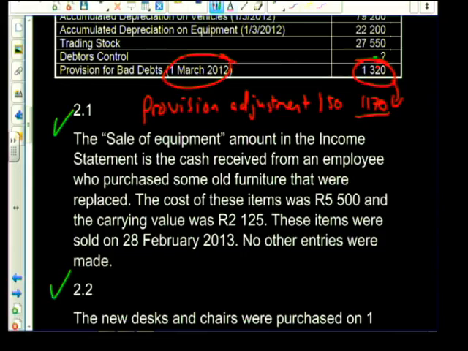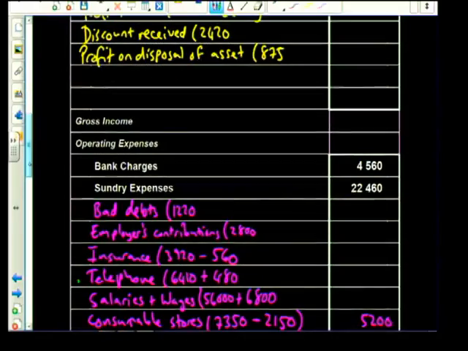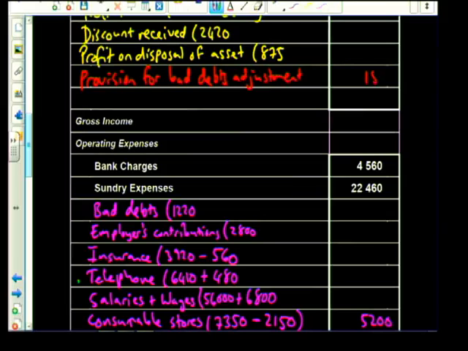What you need to remember is that this is an income to the business. And if you're not sure how to differentiate between an income and an expense, make sure you go back and understand how to do the provision for bad debts. But we've adjusted it by 150. We've reduced it from 1320 to 1170. So over here, there's going to be a provision for bad debts adjustment of 150 Rand.